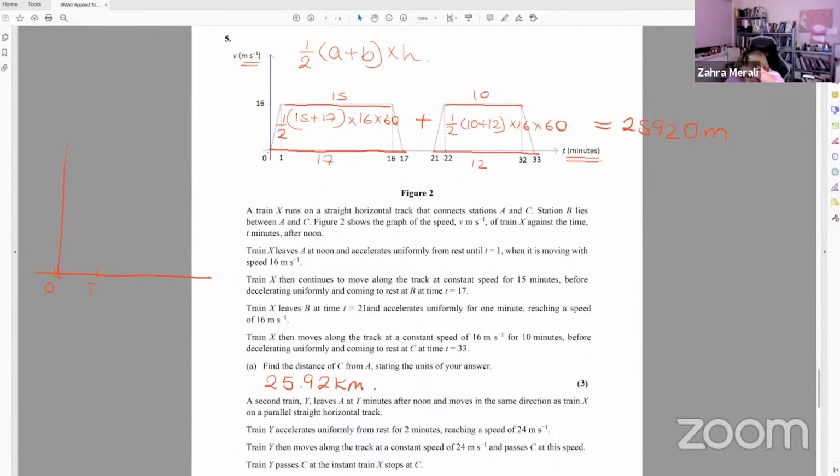It moves in the same direction. It accelerates uniformly from rest for 2 minutes, so that's minutes if we use the same axes, until it reaches a speed of 24. And then it keeps going at that speed, and we don't really know how long for, so that's fine.